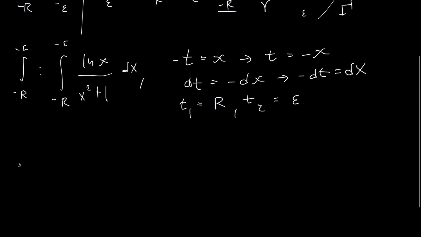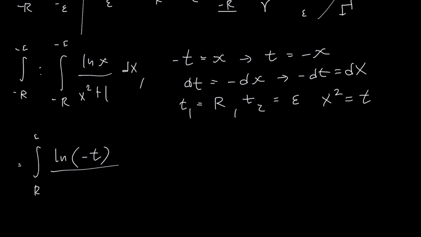So this is going to be the integral from r to epsilon of the natural log of x, which is negative t, divided by x squared, which will just be t squared, plus 1, and dx will be negative dt.